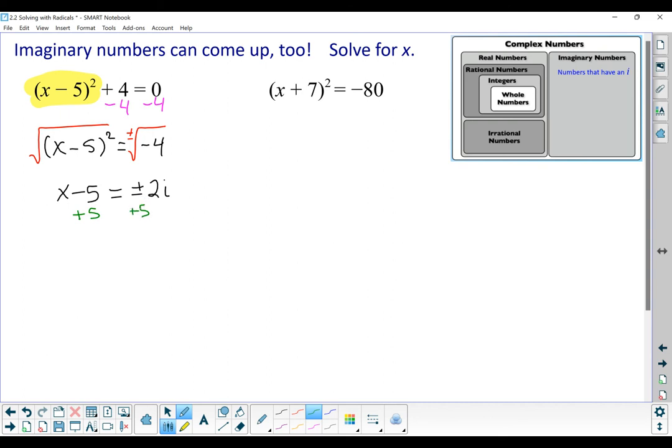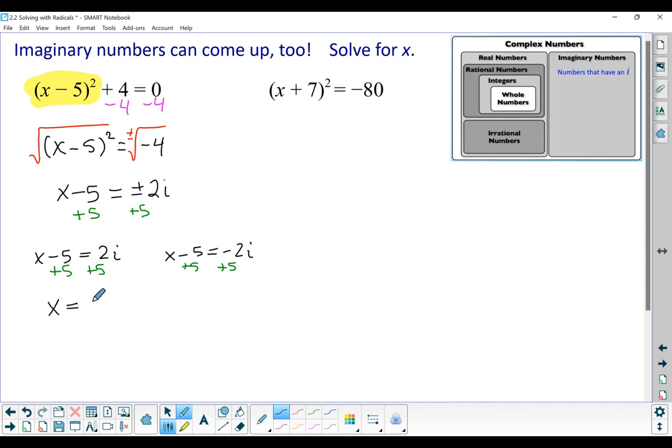Now, we've been separating it in the past, and you definitely want to separate it if it's integers, but in this case, I'm going to write out what it looks like if I separate it. If I separate it, it looks like this. And when I go to add 5, I'm adding a real number, 5, to an imaginary number, 2i.